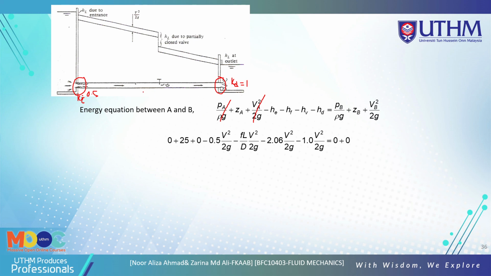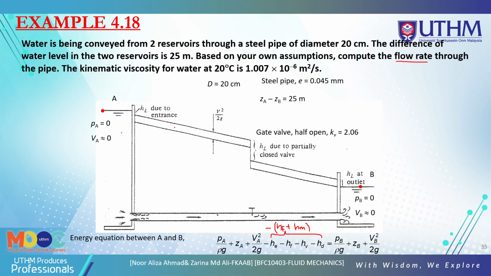And along the pipe is H_F, so you just put the value here, and this is also 0, and also this 0. Z_A minus Z_B, so we get 25.